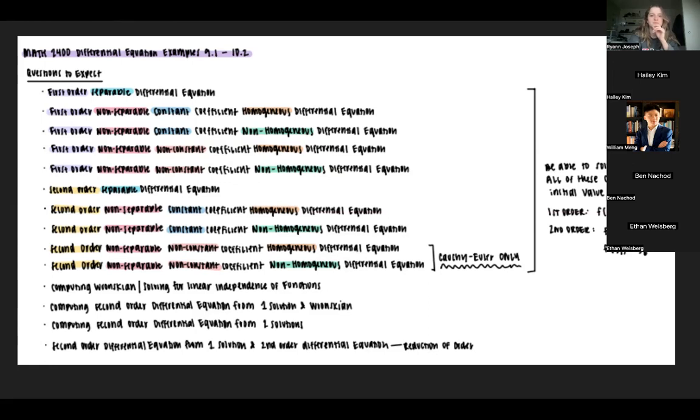Okay, sorry. Back to content. So the Wronskian, and then these are special types of questions that they could ask regarding second order differential equations and the Wronskian. So given one solution in the Wronskian, can you solve for the entire second order differential equation? And similarly, given two solutions, can you solve for the second order differential equation as well?